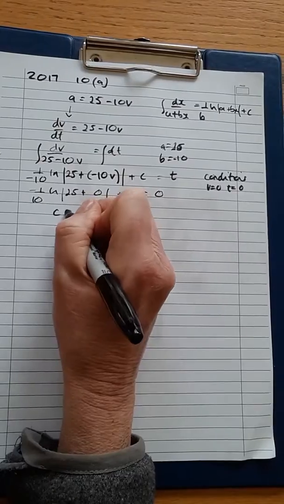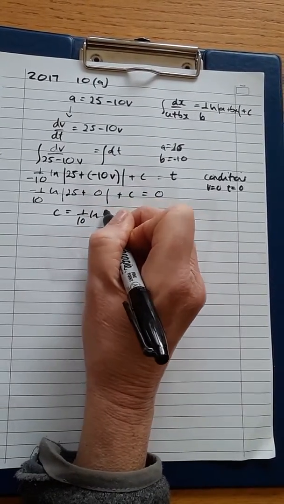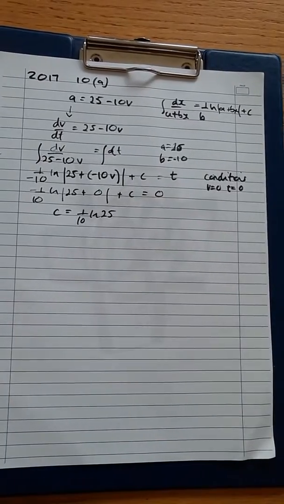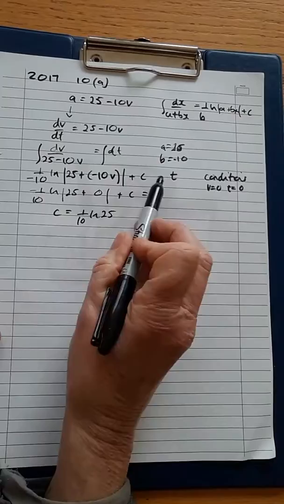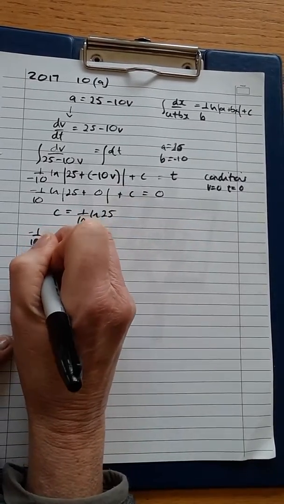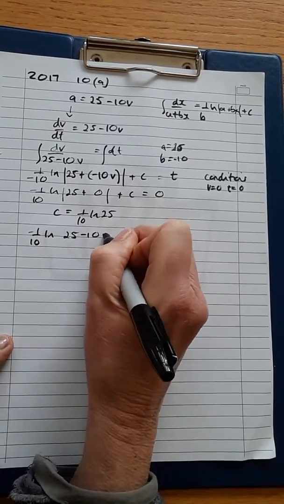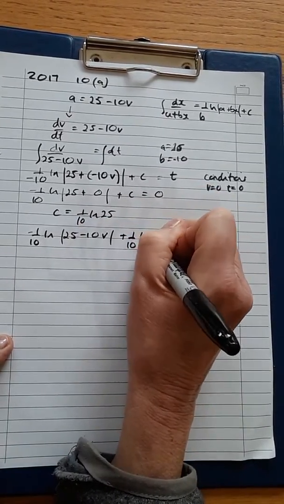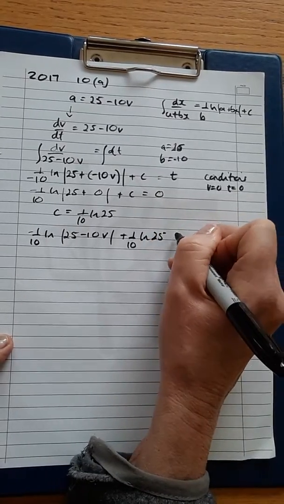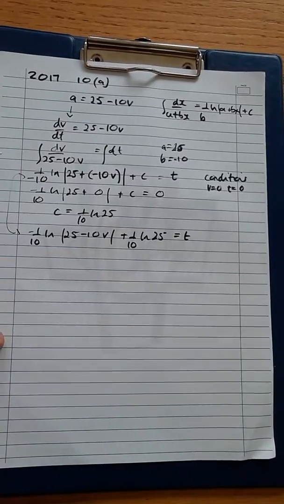Which means that c is equal to, if I rearrange this, 1/10 the ln of 25. So now I'm going to put this c back into this equation here, and it becomes minus 1/10 the ln of 25 minus 10v plus c, which is plus 1/10 the ln of 25, and that's equal to t. So I've linked those two equations here now.